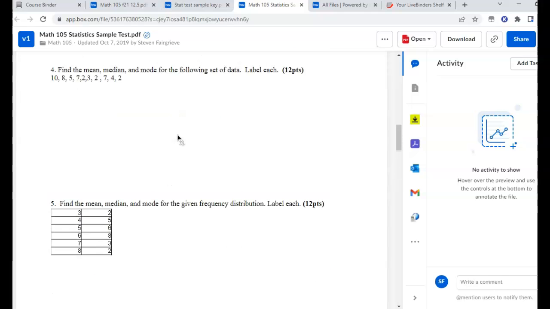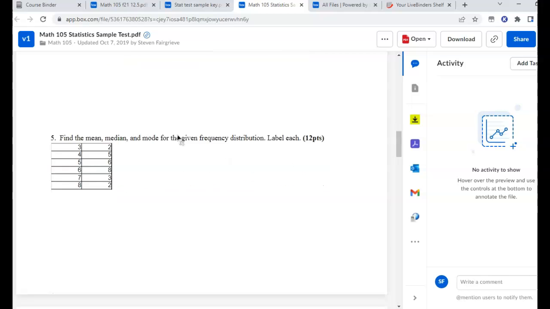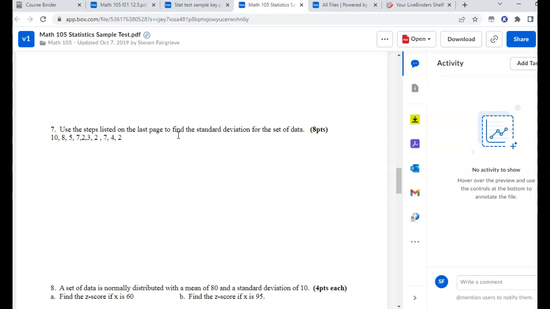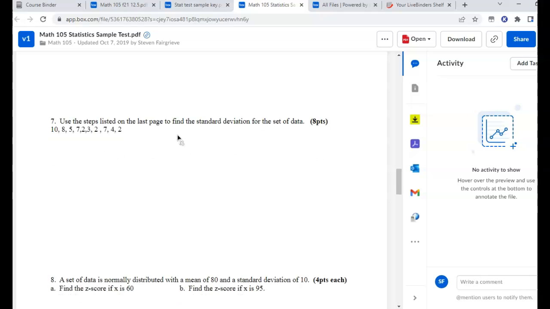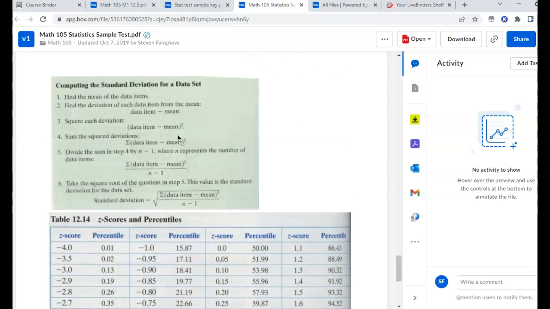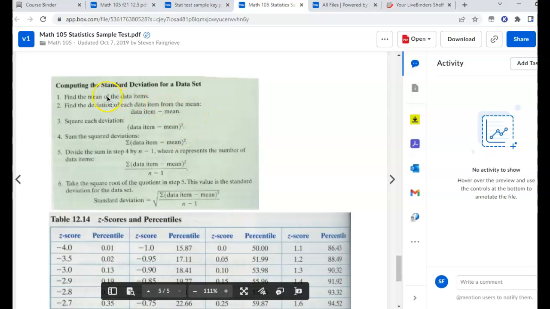So that was this data up here, and we want to find the range. So we would just be taking the high value 10 minus the low value 2, so that would have a range of 8. All right, and then we're asked to compute the standard deviation for this set of data. And so on the very last page of your test are the steps for standard deviation. All right, we first find the mean, add them all up, divide by the total.